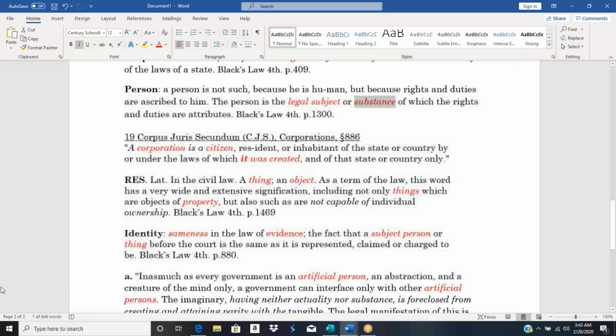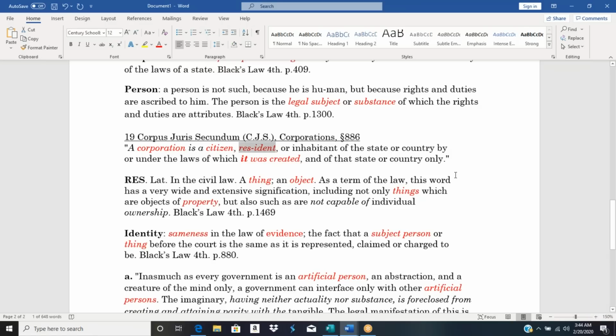Now, look, it says resident. I want you to notice this here. Resident. Res-ident. Res. Okay, let's do this. Make sure this is in red. All right. Res. In civil law, a thing, an object.